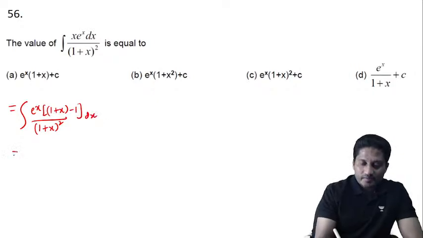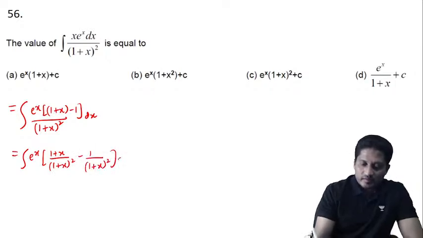Now if I separate them, e power x into a bracket, so this is 1 plus x by 1 plus x the whole square minus 1 by 1 plus x the whole square dx. Right, now this 1 plus x will cancel with the square. You will get this as e power x into a bracket, 1 by 1 plus x minus 1 by 1 plus x the whole square.